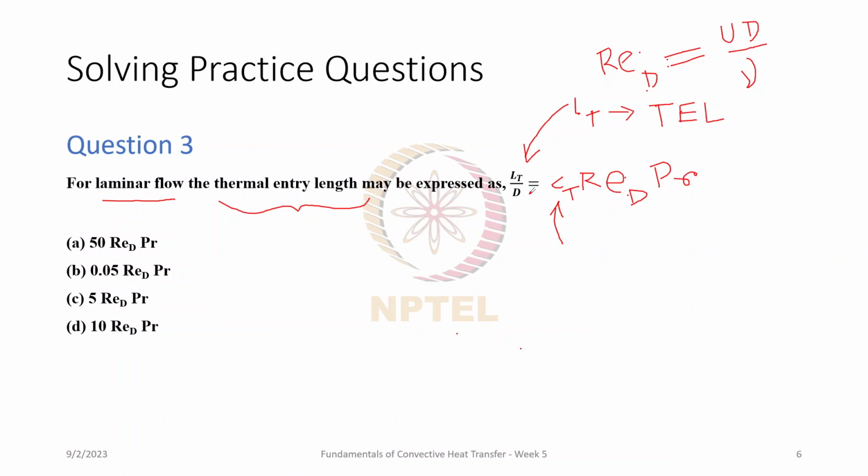We know that LT by D is given by some form of CT into Re_D into Pr, where Re_D is the Reynolds number on the basis of diameter, and Pr is the Prandtl number. So what is the exact value of CT so that we can relate LT by D to Reynolds number and Prandtl number? Is it option A 50, option B 0.05, option C 5, or option D 10?